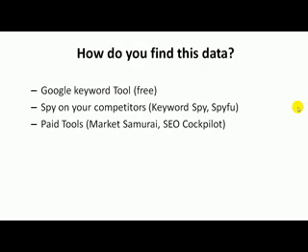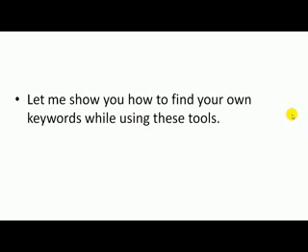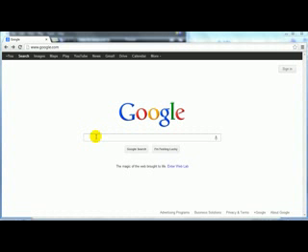But this tool here is pretty expensive, though I believe it is a one-time fee. I'm going to be using these tools here because this one's free and you can actually use it to do some basic keyword research on the free level. So with that said, let me show you how to find your own keywords while using these tools.